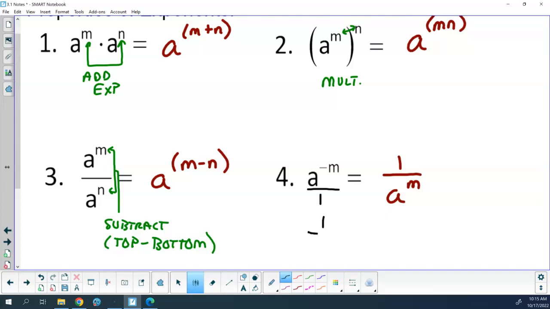Likewise, if we have 1 over a to the negative n power, then that would be a to the positive n power. We move it from the bottom to the top, and it becomes positive. Or if you have a fraction that you're taking to a negative power, if you just reciprocate the fraction, then that forces the exponent to become positive.